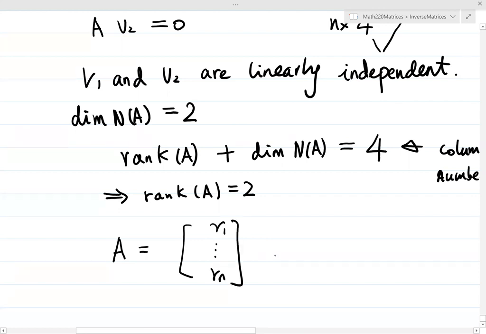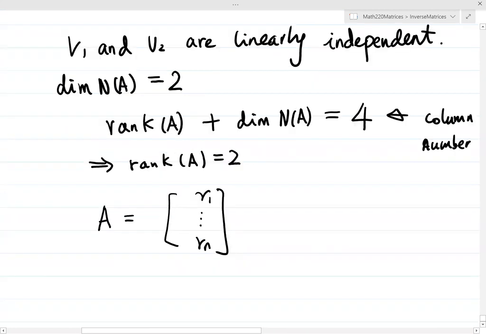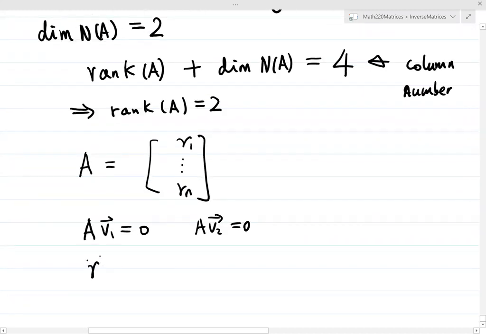Now we need to make sure that AV1 and AV2 are 0. So for any row vector Ri, Ri dot product with V1 is 0, and Ri dot product with V2 is 0.